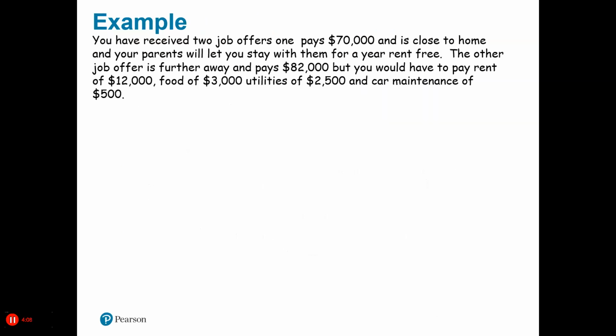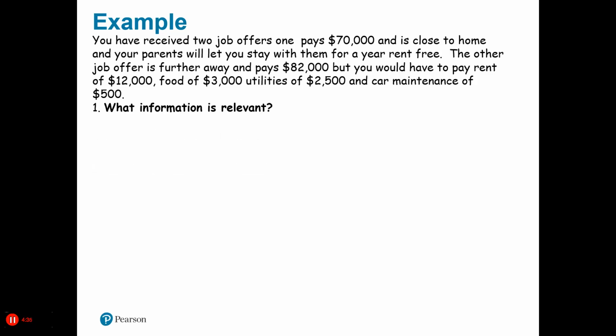So now let's take a look at an example. You've been offered two jobs. One pays $70,000, but it's close to home, and you can stay with your parents for a year. The other job is further away, but you have to rent a place. You'd rent a place for $1,000 a month, and you'd also pay for food, utilities, and car maintenance. So let's take a look.